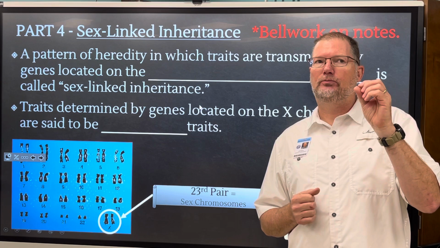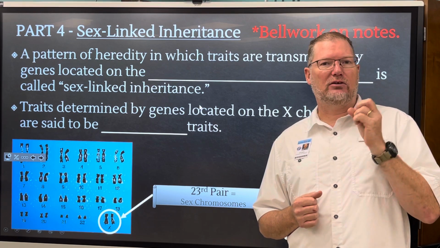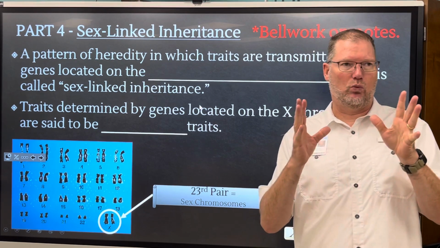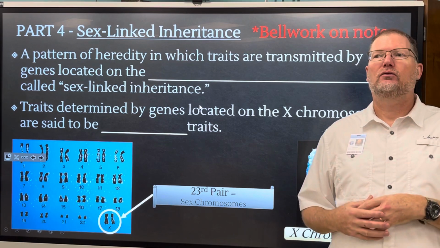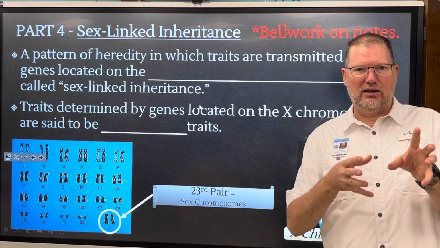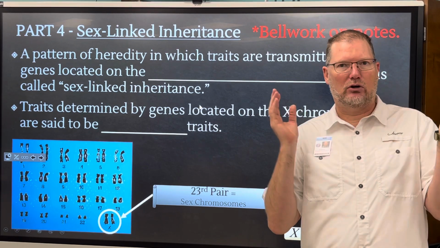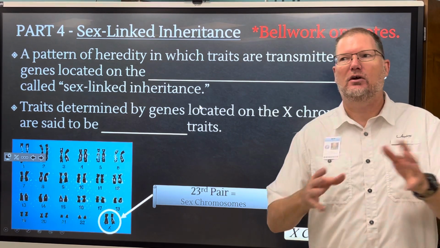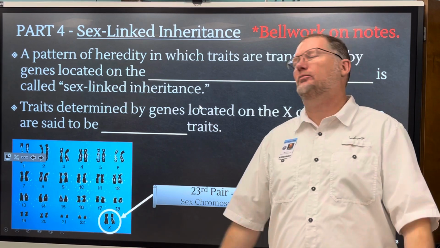So the dad can make 50% of his sperm Y and 50% X. And the mom, her eggs will be 100% X, right? Because that's what a girl is, 2 X's, okay?